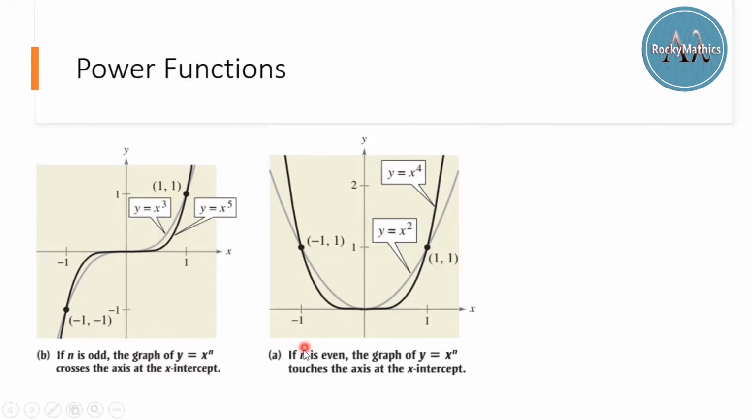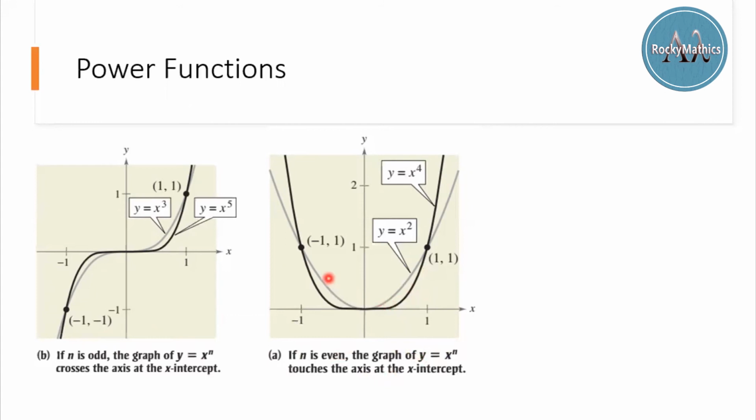How about if n is even? If n is even, the graph of the power function y equals x raised to n touches the axis at the x-intercept. Okay, it touches the axis at the x-intercept. In this case, the x-intercept is x equals 0, right? Then it touches the x-intercept.